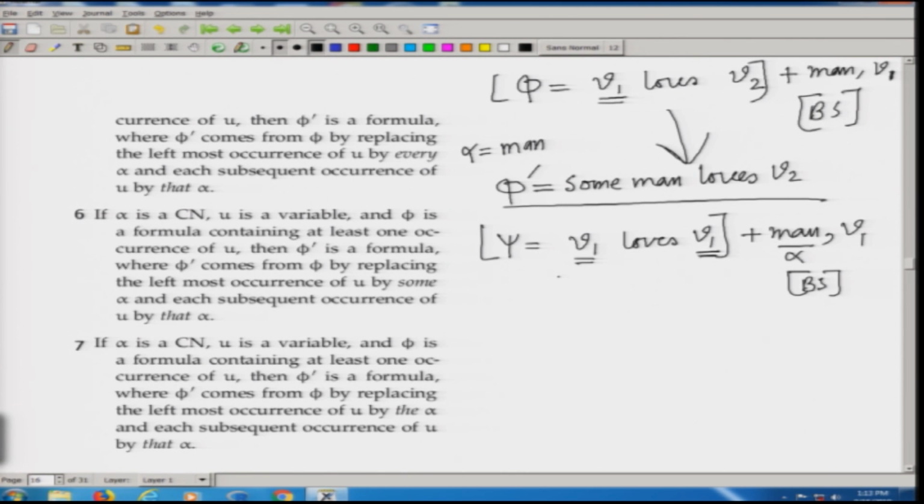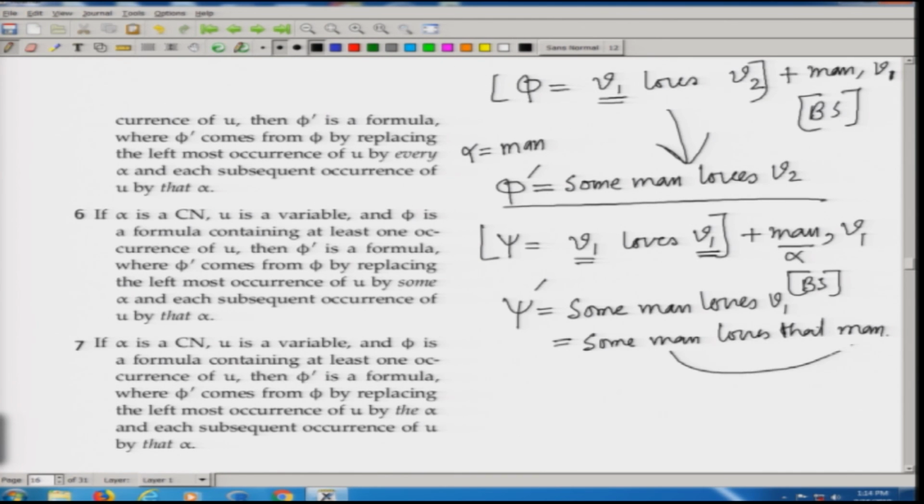So from this we derive xi prime: the first replacement will give you some man loves V1, and then for the second replacement, the subsequent occurrence of V1, you are supposed to get that man. So, some man loves that man, to say that they are the same person.